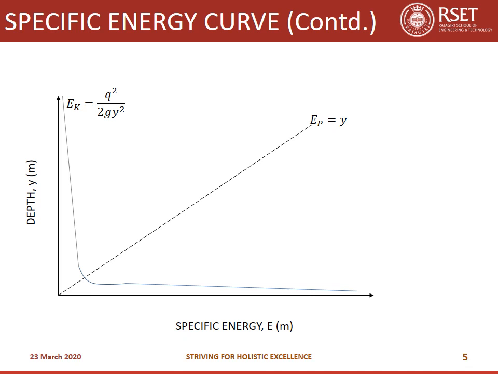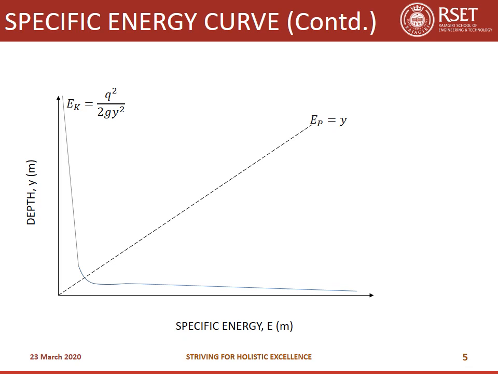So when it is going closer to 0, you can see that the curve is tending to infinity. Now what happens when Y tends to infinity? When Y tends to infinity, you can see that EK will tend to 0. And that's what has been shown here, that EK will tend to 0.